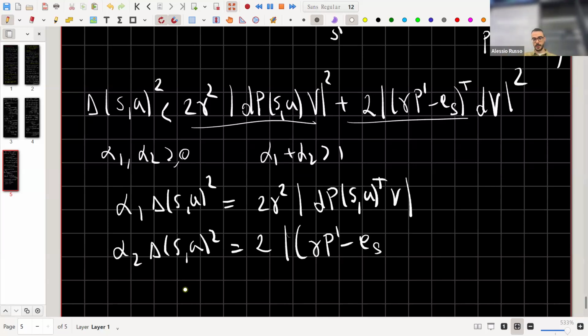So here I'm being a bit sloppy with the notation, but it's just to convey the main ideas. So alpha 1 represents basically how much we need to multiply the gap so that we are equal to just the first term. And similarly for alpha 2.